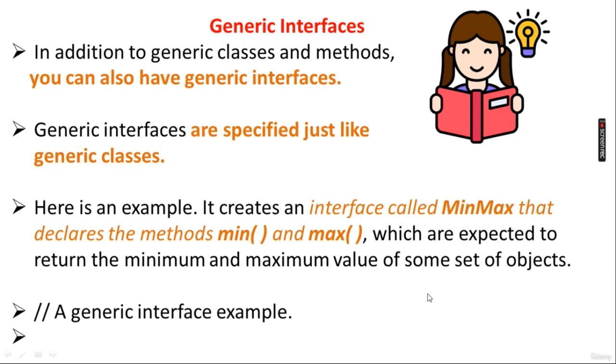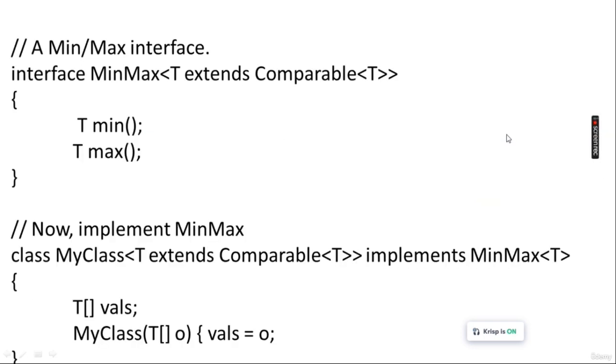This example will create an interface called MinMax that declares the methods minimum and maximum, which are expected to return the minimum and maximum value of some set of objects. Interface MinMax<T extends Comparable<T>>. So what is the upper bound?